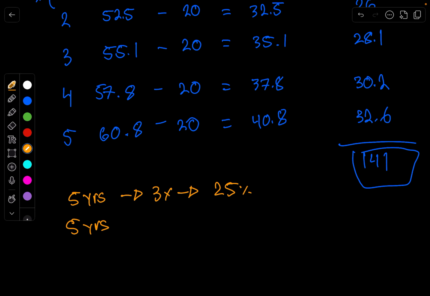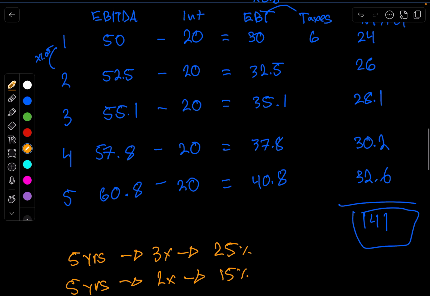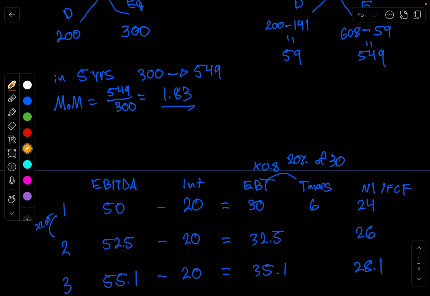And in 5 years, if we 2x our money, that is a 15% return. So we know this is slightly less than 2x, which means that this is slightly less than 15%. So let's call it 13% here. So we're able to also figure out what the internal rate of return is, given these facts, and we're able to figure out what the money on money multiple is.